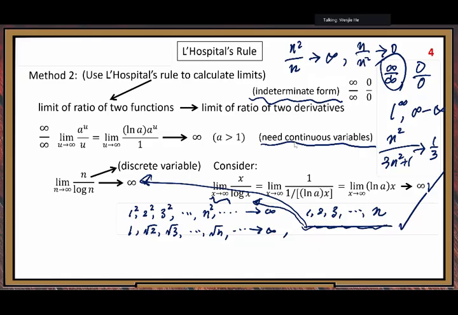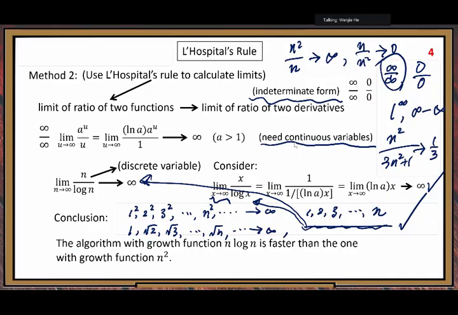Actually, our textbook applies limit on discrete functions directly. So you should be very careful. Then we move to the next topic.